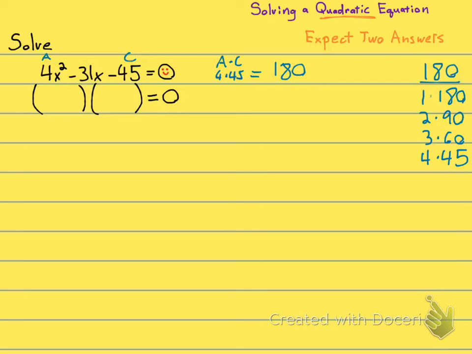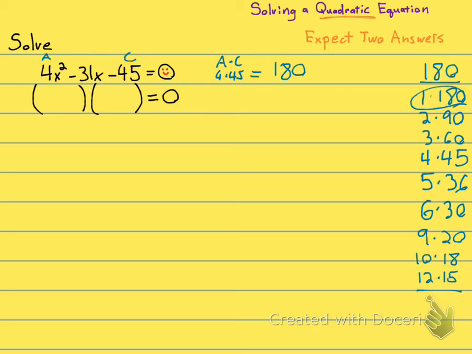Not all of them are going to work. 180 divided by 5 is 36. 180 divided by 6 is 30. 180 divided by 7, 7 doesn't work. 180 divided by 8, 8 doesn't work. 180 divided by 9, 9 and 20. 10 and 18. 11 doesn't work, 12 does. 12 and 15. I try 13, I try 14, neither one of those work. I'm back to 15, so that's all my possibilities.